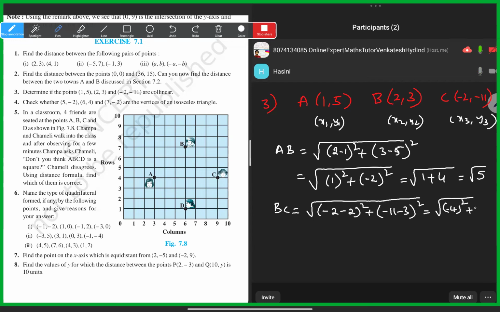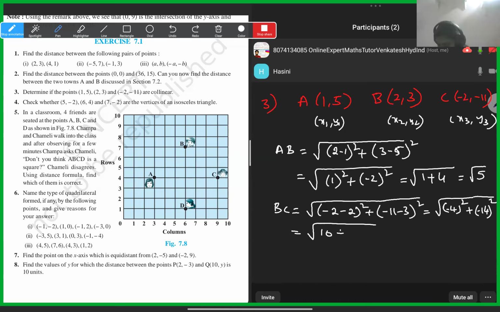Yes, Hasni, plus minus 7 minus 3 is minus 14. Minus 14 whole square. So it will become root of minus 14 whole square is 16, Hasni.